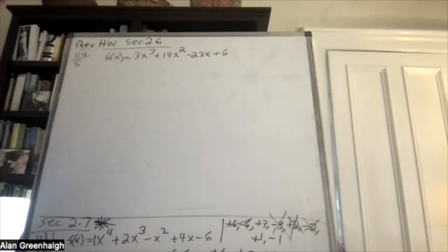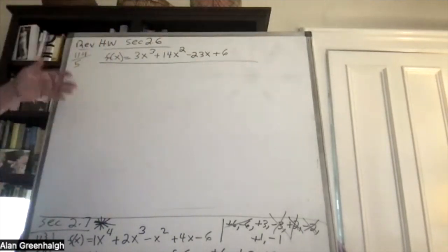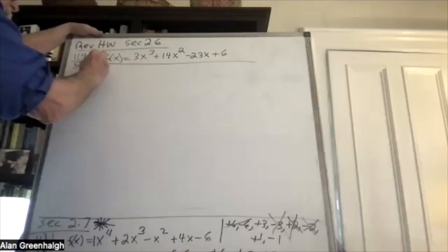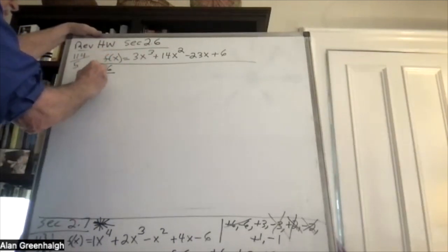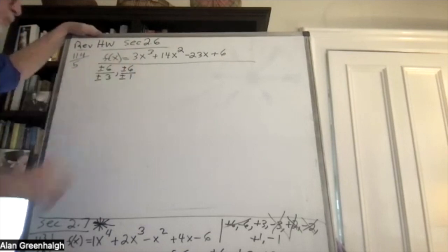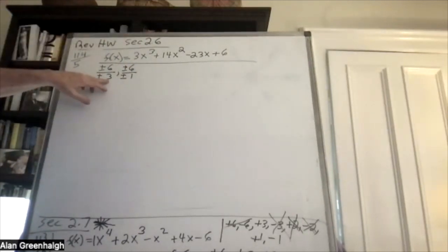List all the possible rational zeros. They love this question, and you're going to have to face this, certainly on the final. So once again, it'll be plus or minus 6 divided by plus or minus 3, but also plus or minus 6 divided by plus or minus 1, because the factors of 3 are either 3 or 1.